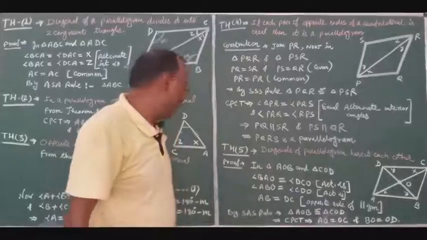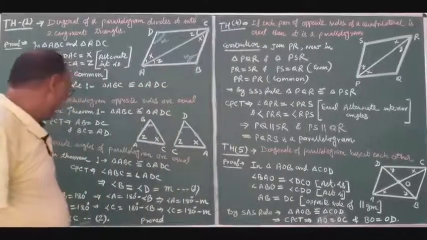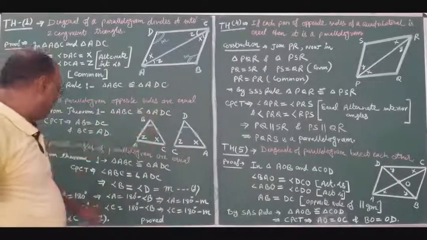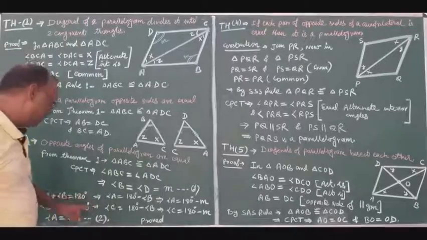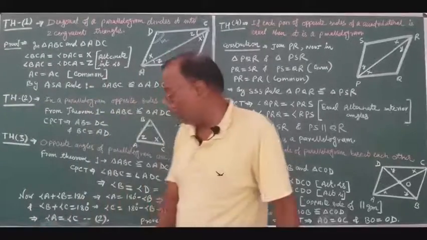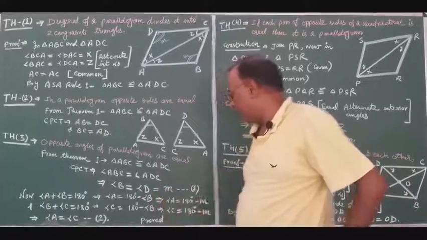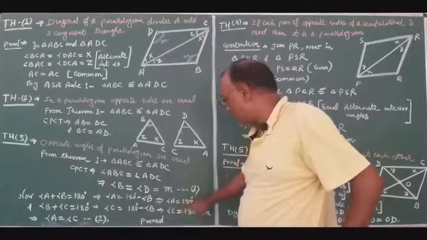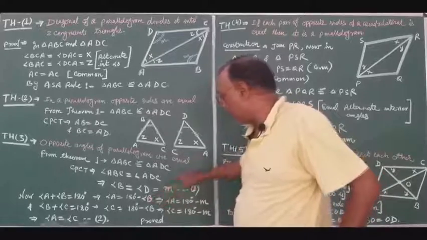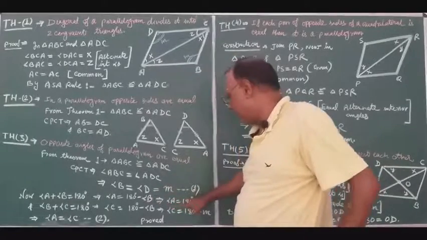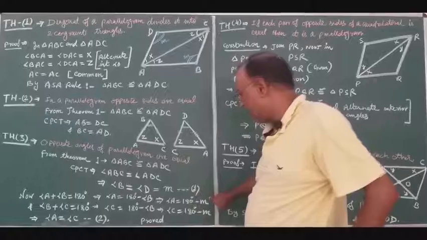So angle A plus angle B is equal to 180. It means angle A will be equal to 180 minus B. Therefore, angle A is equal to 180 minus M because we have taken B as M.